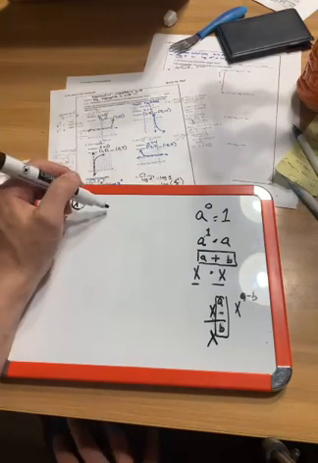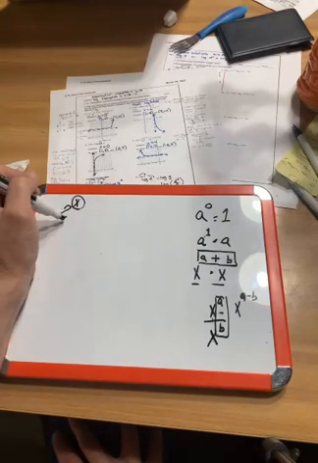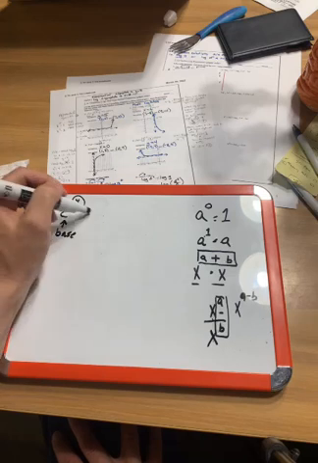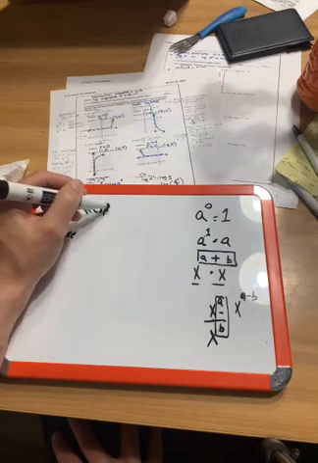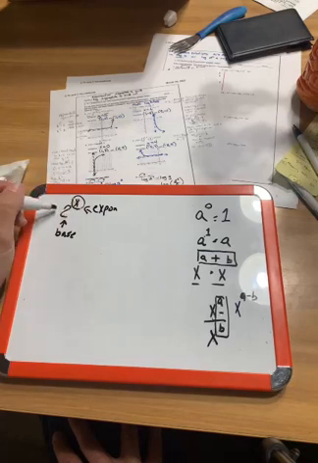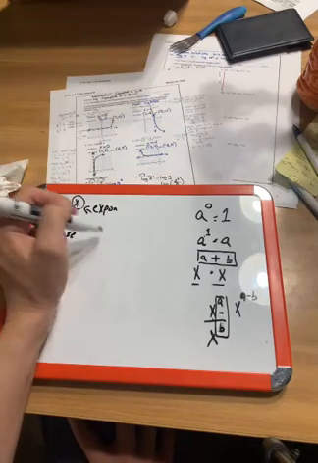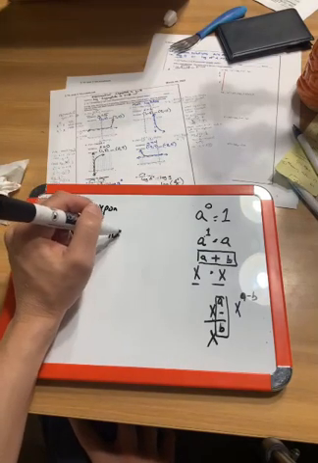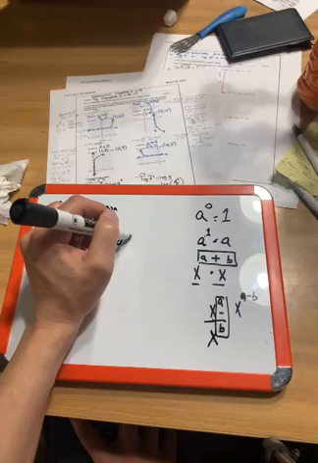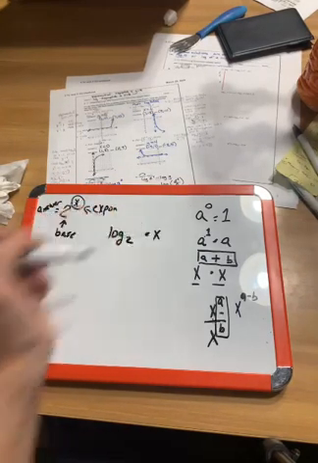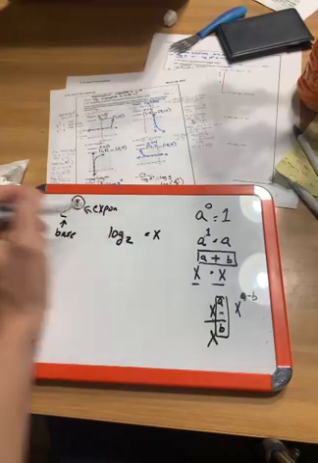And what it tells us, in the same way here, I'm going to call this our base. I'm going to call this our exponent. And then that would give us some answer. So we would write the log of 2 raised to some power.